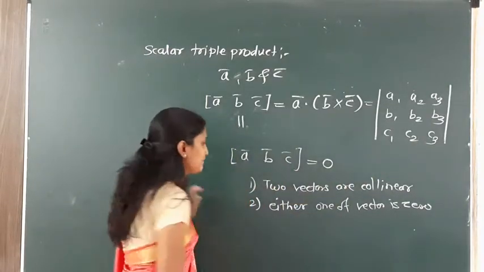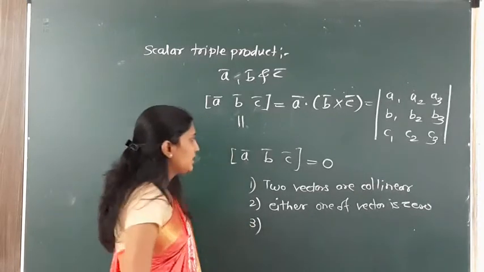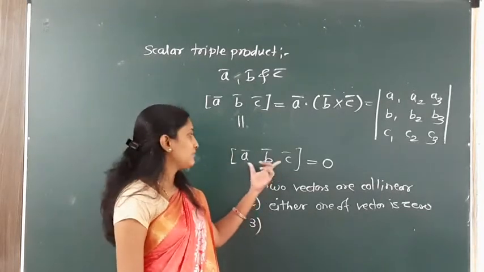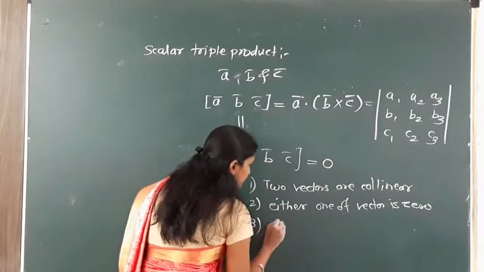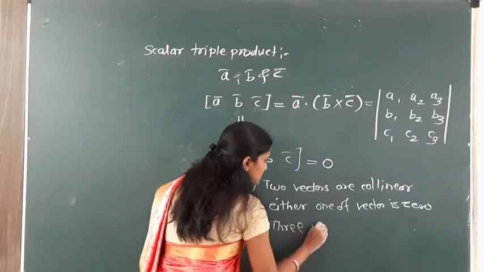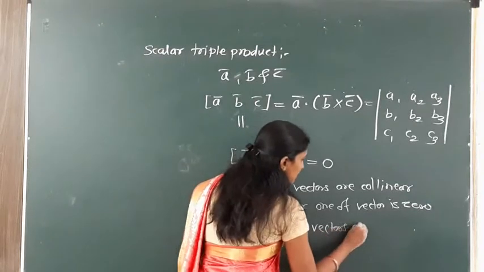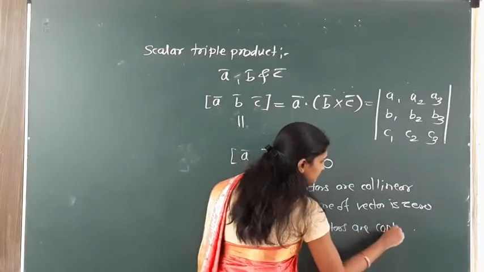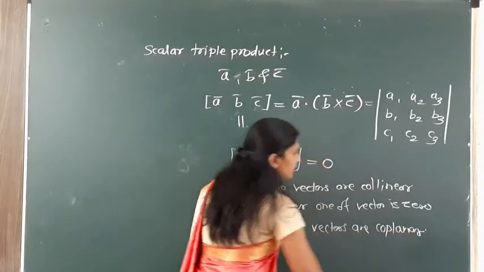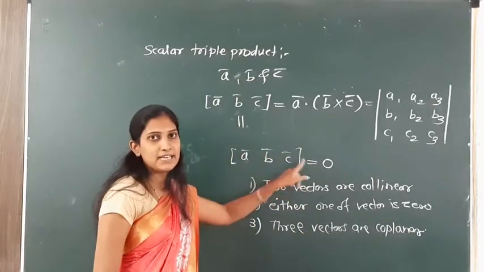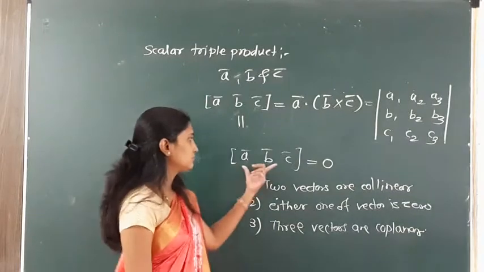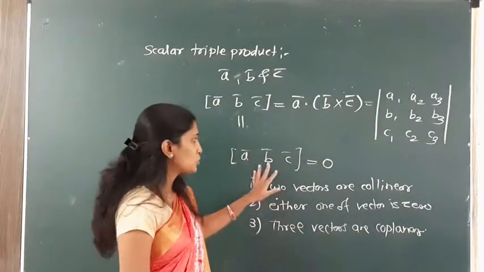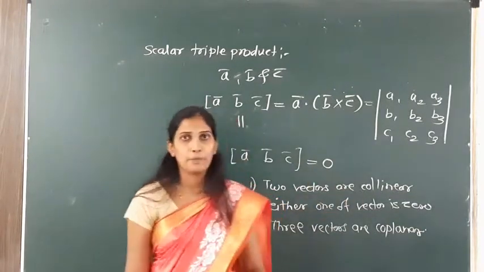0 obviously. And third, if these three vectors a bar, b bar, c bar are coplanar, then their box product is equal to 0.